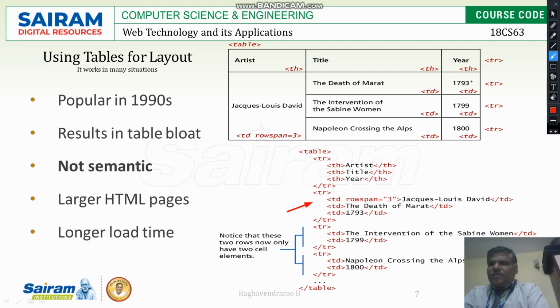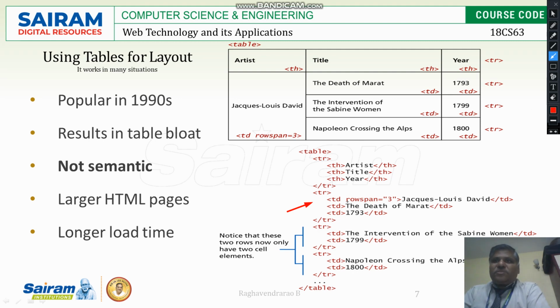The first row's data you will write: the first column data you have written, then the second column data, then the third column data, then end the tr. Next the second row starts here. Only 2 data are going to be there because this data is already written. You should start only from here, so only 2 data are going to be written. Again 2 data you have to write.